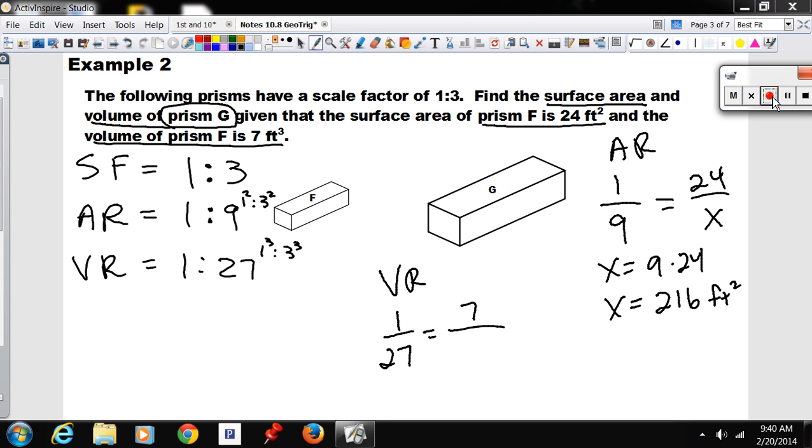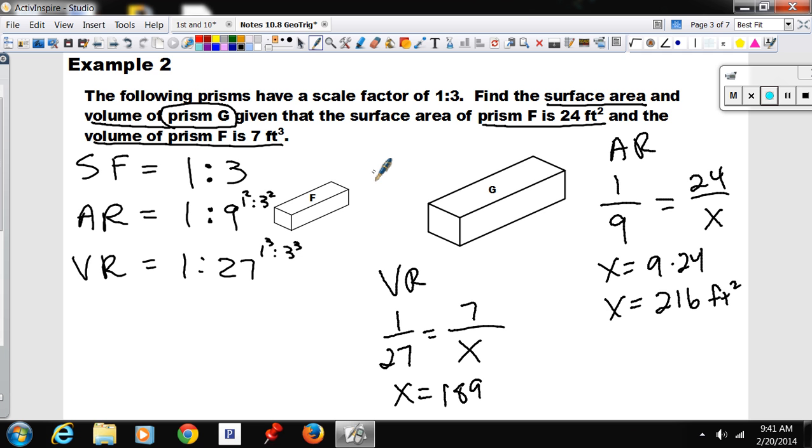So you're going to do your 1 times x is x. Your 27 times your 7 comes out to be 189. So the volume of the small one would be 7. The volume of the big one would be 189. That means 27 of these little ones would fit inside of this big one. That's how the volume would correspond to each other.